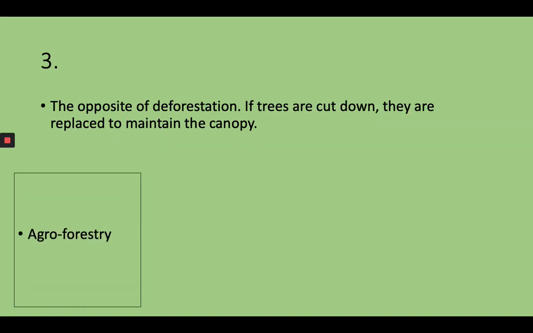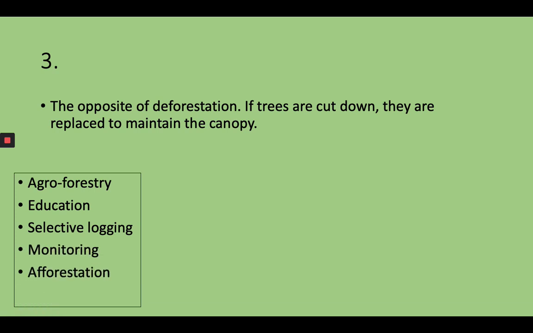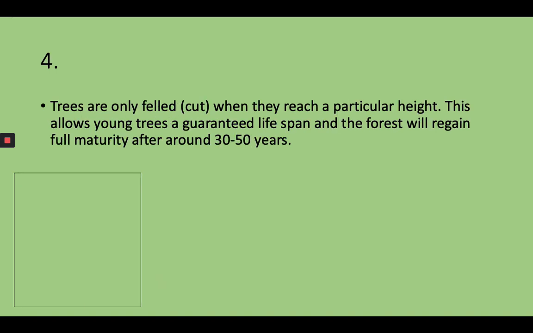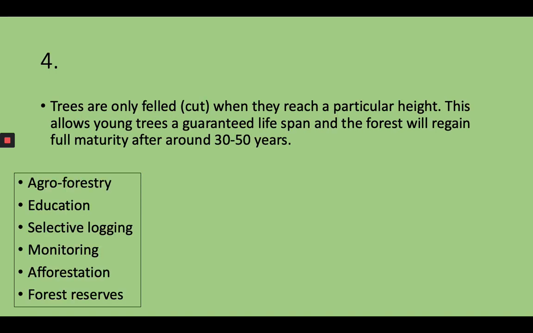Number three, the opposite of deforestation. If trees are cut down, they are replaced to maintain the canopy. Number four, trees are only felled, cut, when they reach a particular height. This allows young trees a guaranteed lifespan and the forest will regain full maturity after around 30 to 50 years.